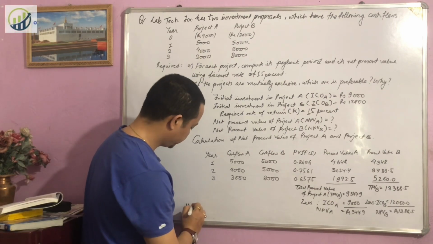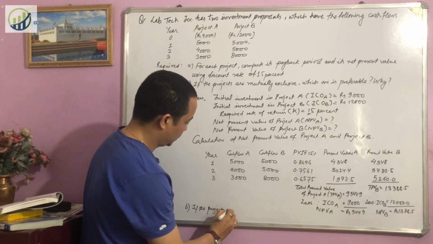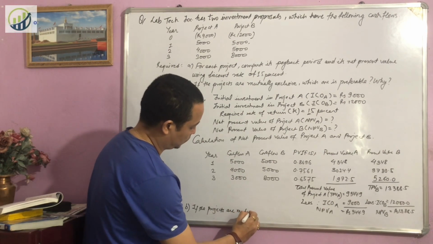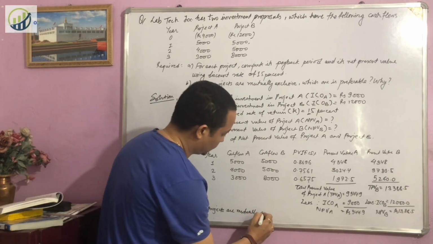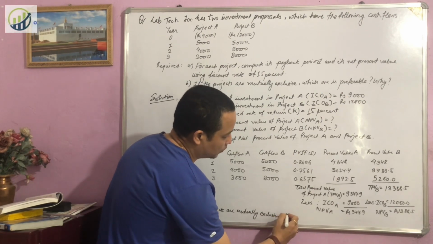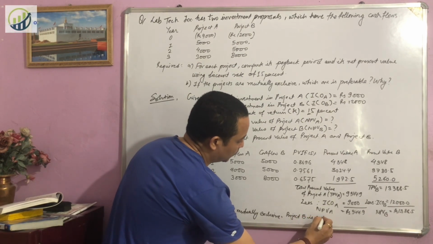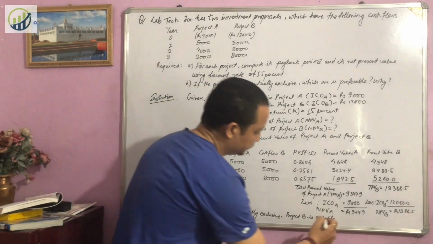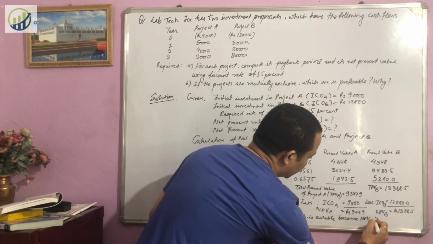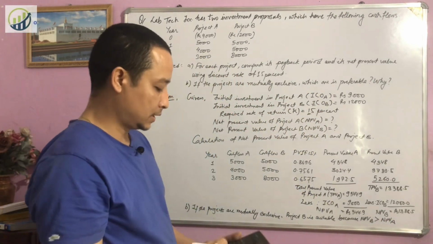So here, if the projects are mutually exclusive, project B is suitable because NPV B is greater than NPV A. Shortly, if you write this, then your answer is complete.